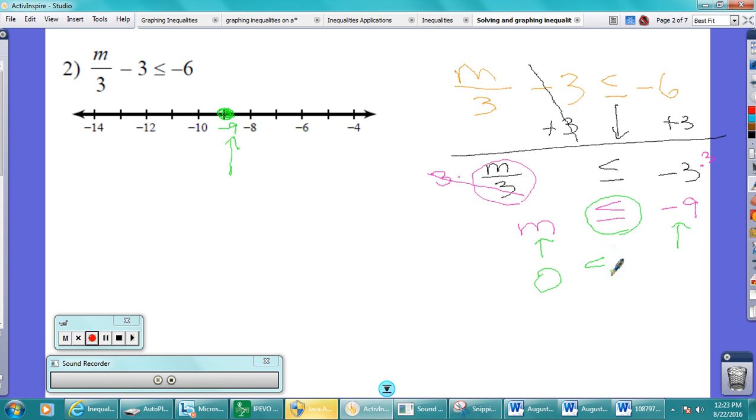Is 0 less than or equal to negative 9? Nope, this is false. So 0 is located over here on the number line. So now we know, according to video number 1, less than or equal to is going to go to the left. Negative 10 will satisfy this inequality. Negative 12 is less than or equal to negative 9. So our arrow will go to the left.